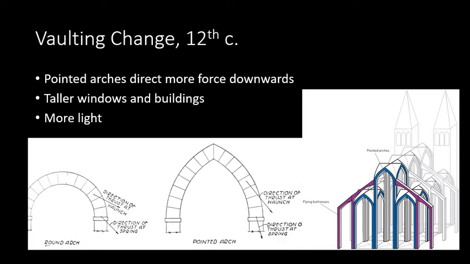You can see its intersecting patterns here, which also concentrates force in a way that makes it easier to channel it into specific directions. Buildings can be made taller and with more light let in. It's hard to understate the impact of this change upon the feel of the space.